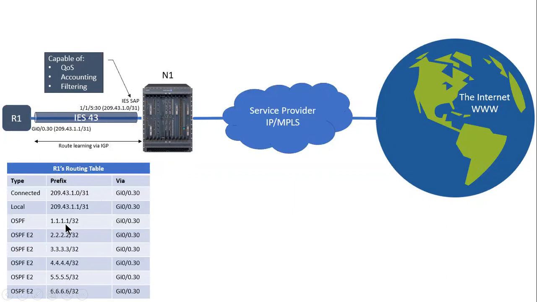So looking in R1's routing table, we can see that we have an OSPF route for N1's system address. But getting into the concept of the subscriber having access to the service provider's core routing, we can see that not only do we have an OSPF route for N1's system address, which is the PE router that the subscriber is directly connected to, but we also have external type 2 routes for the other routers within the service provider's routing domain.